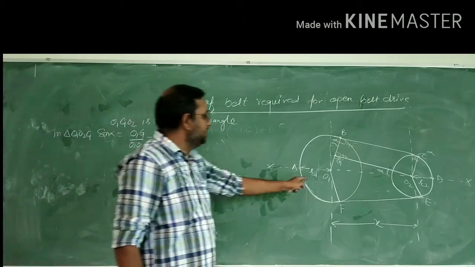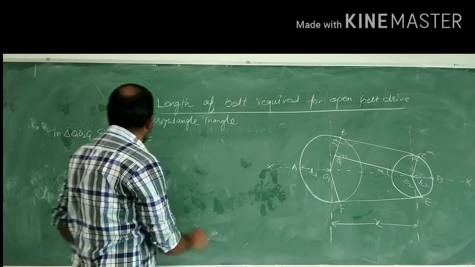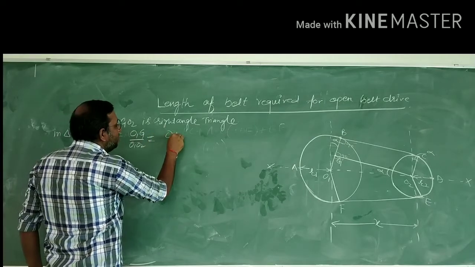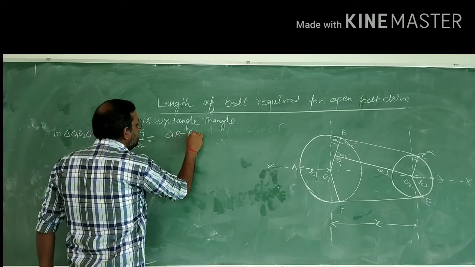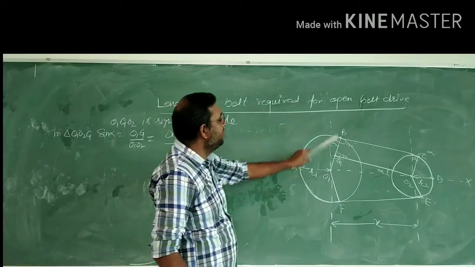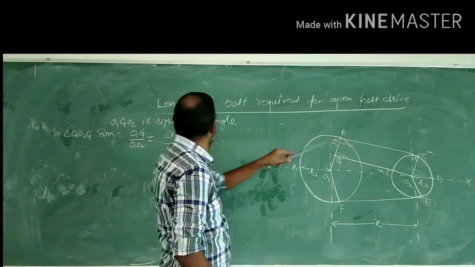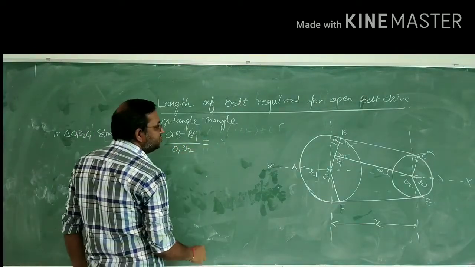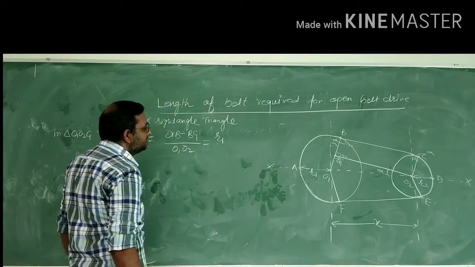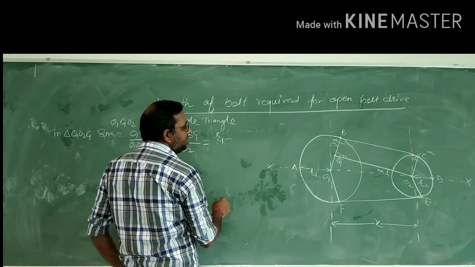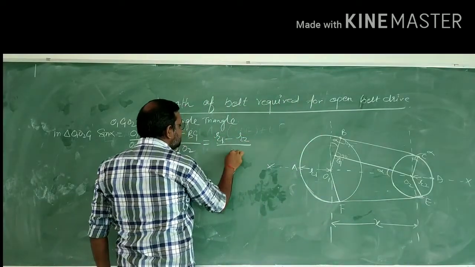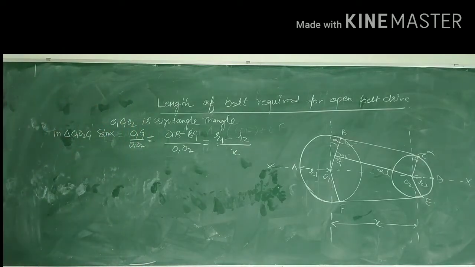Now we don't have O1G, but we can calculate O1G by rewriting this as O1B minus BG. From O1B we can subtract BG, then we will have O1G, and in the denominator it will remain same. O1B is R1, radius of the larger pulley, and BG is equal to O2C. So BG would be equal to R2, radius of the smaller pulley, and O1O2 is X, the distance between the two pulleys. Okay.